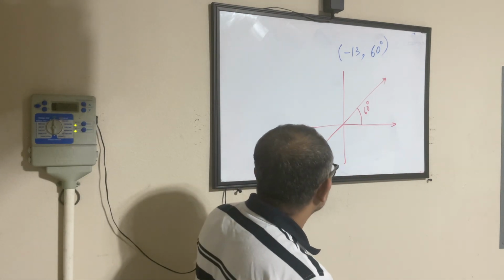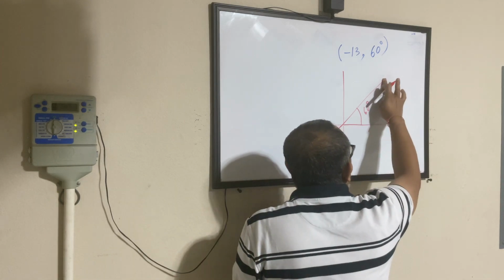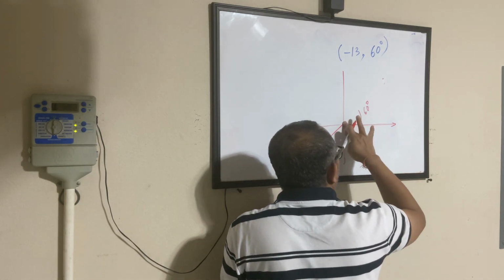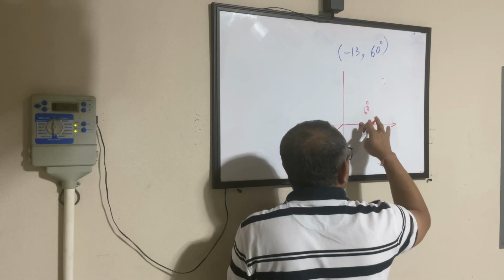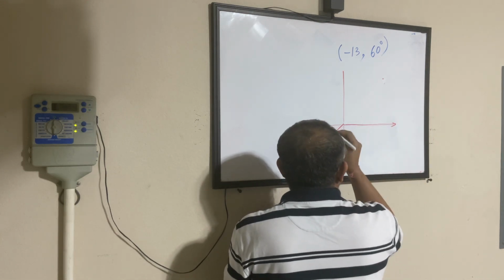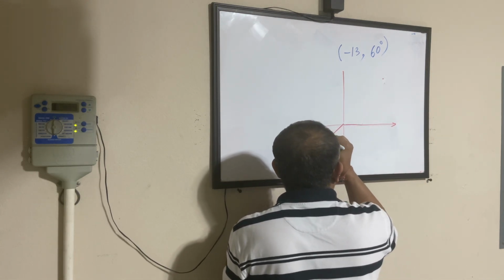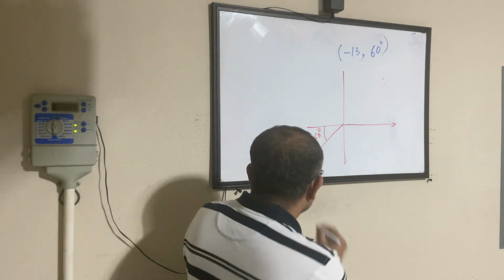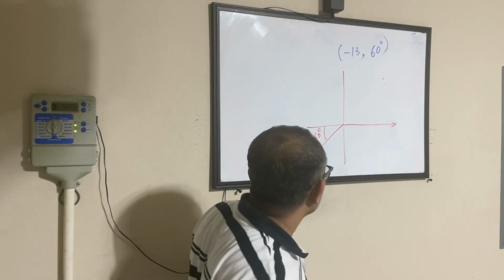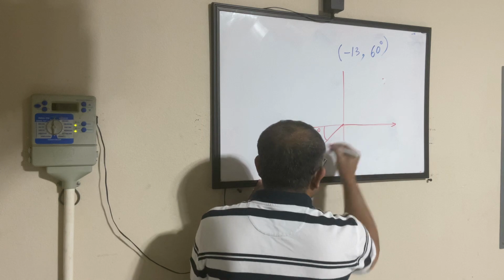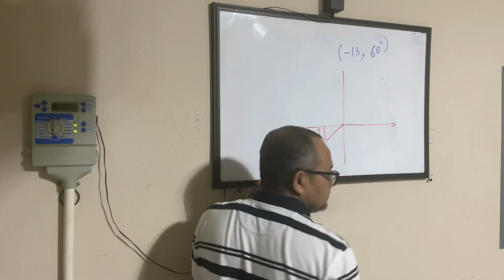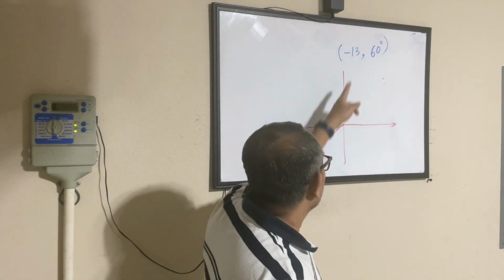So I'm essentially talking about this point here. And the distance from here to here is 13. I took out the negative part.